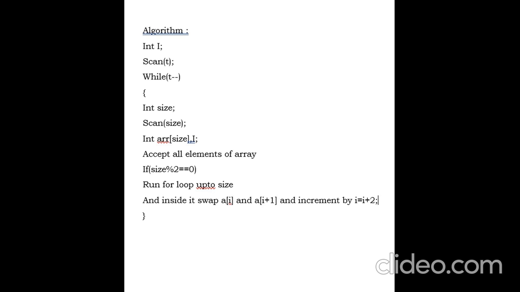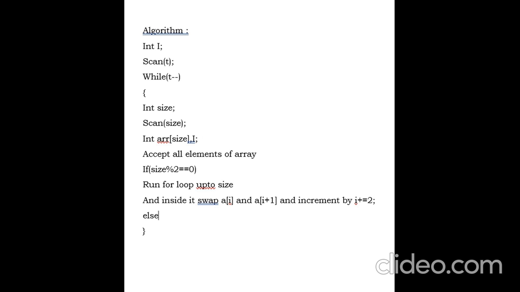We usually write I plus plus, but instead of I plus plus you will be writing I equal to I plus 2 or I plus equal to 2. This will be the case when size mod 2 is equal to 0.